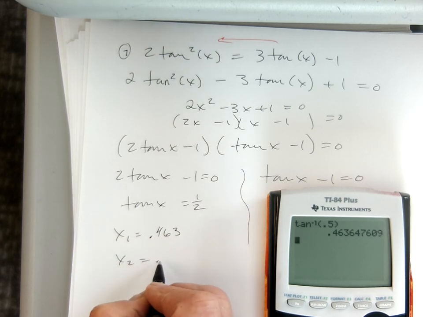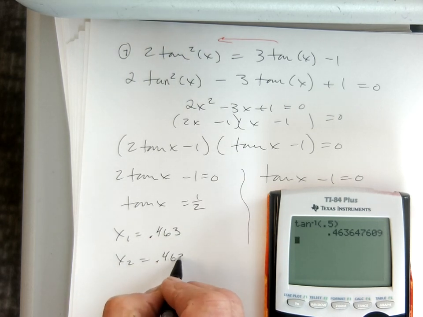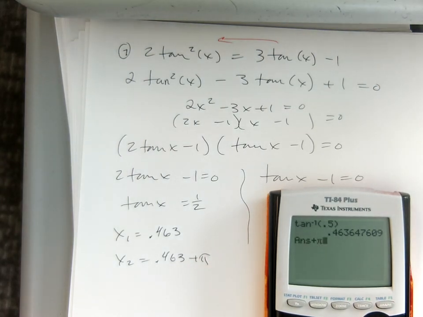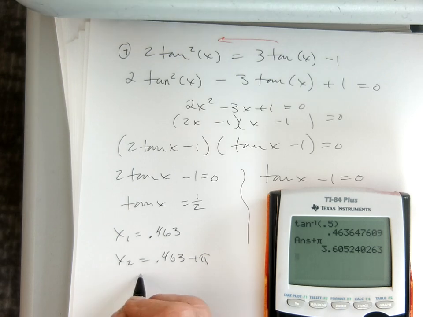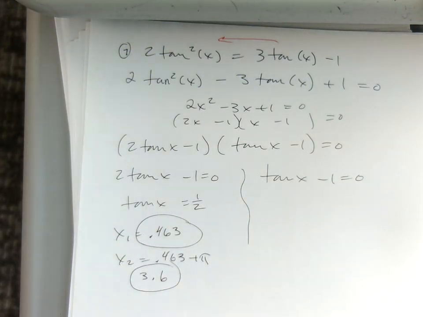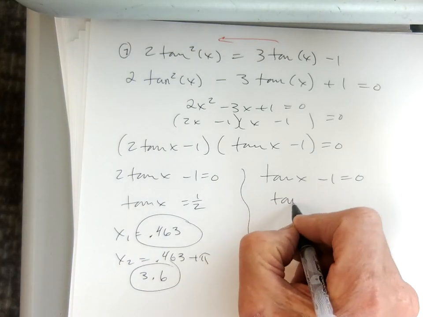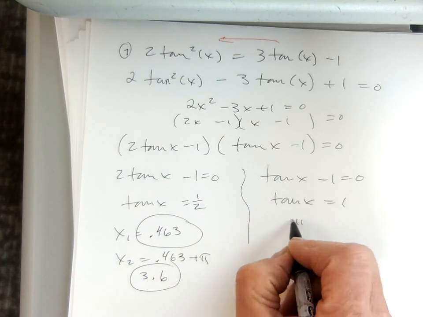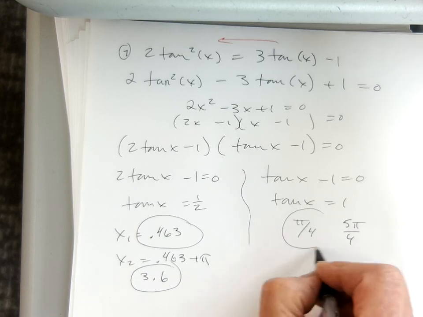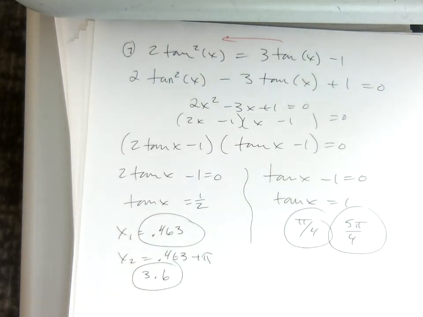The second angle is going to be that plus pi, so my second angle is 3.6. Tangent equals 1 is on the unit circle. I like that. Pi/4, 5 pi/4. All right.